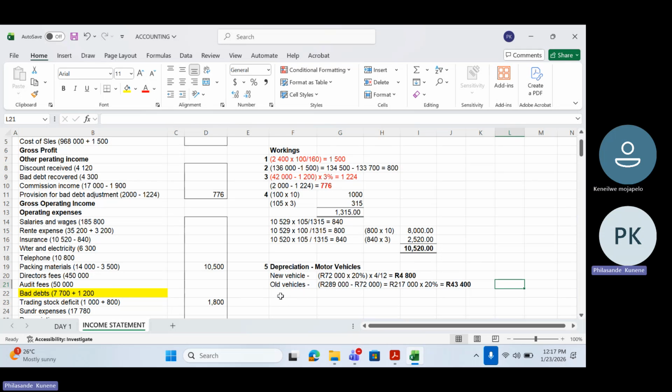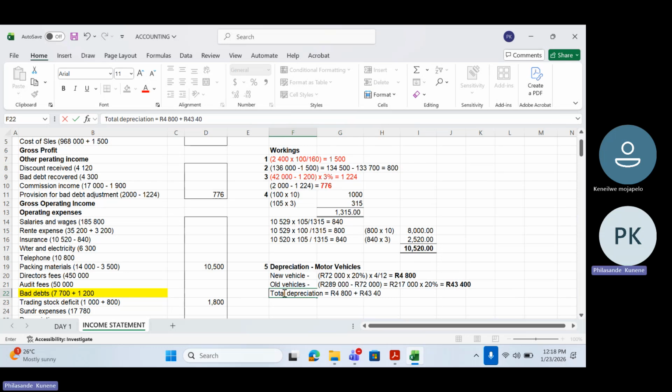Are you happy with the depreciation for motor vehicles? So how much would be the total depreciation for motor vehicles? You're going to have 4,800 plus 43,400.